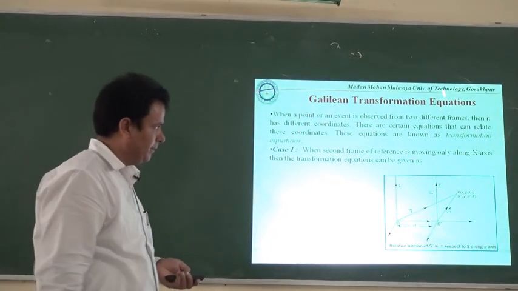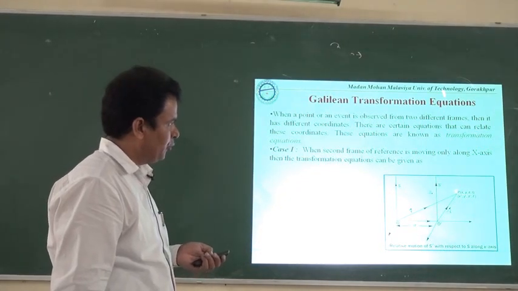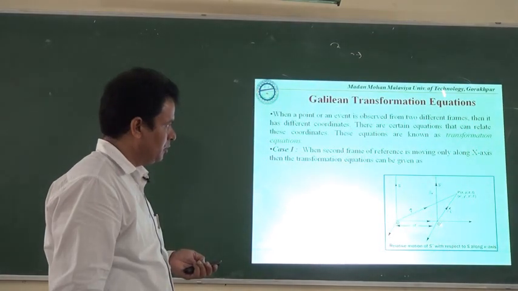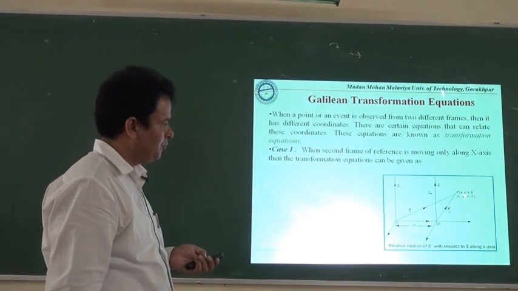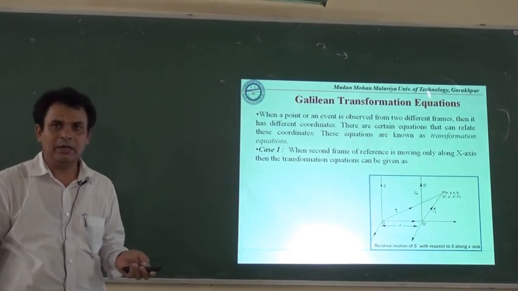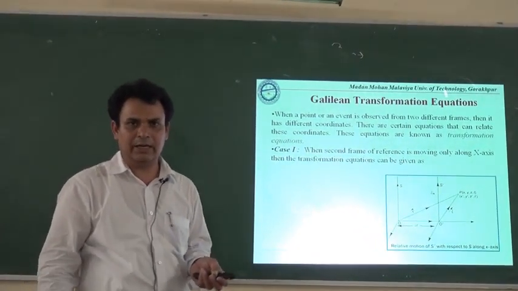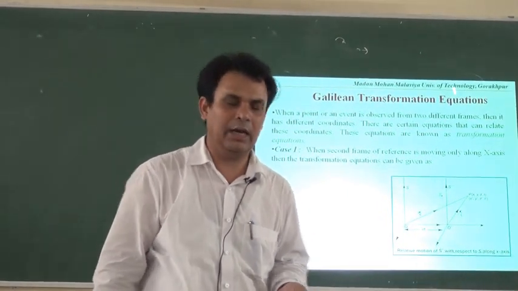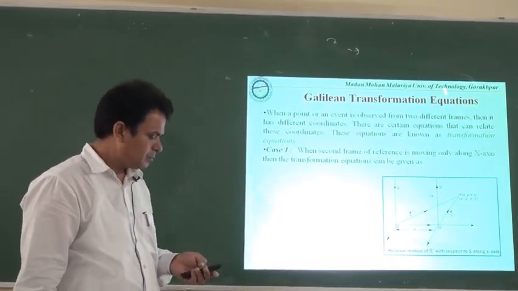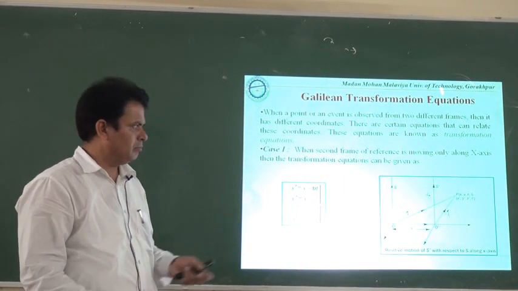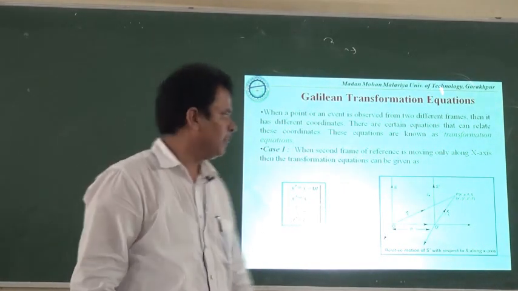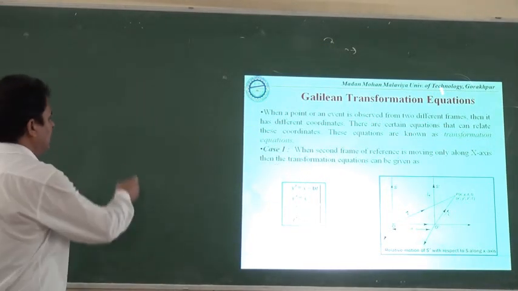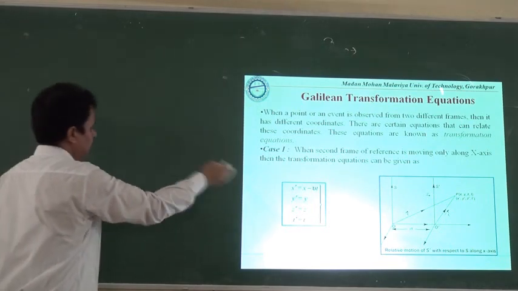In this case, what is happening here? We are taking the point P that has been observed by the observer O as well as the observer O dash. They will reveal the information for this P, that is x, y, z and t, as well as x dash, y dash, z dash and t dash respectively. In order to obtain the relation between these, we will complete this vector triangle that has been given here.